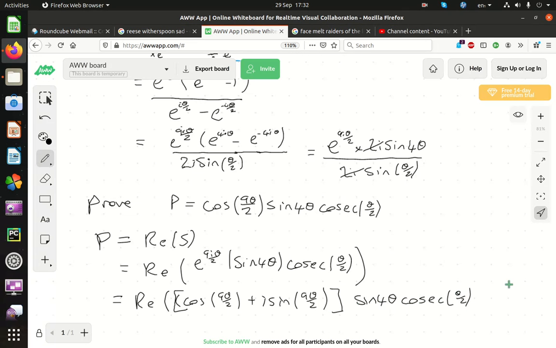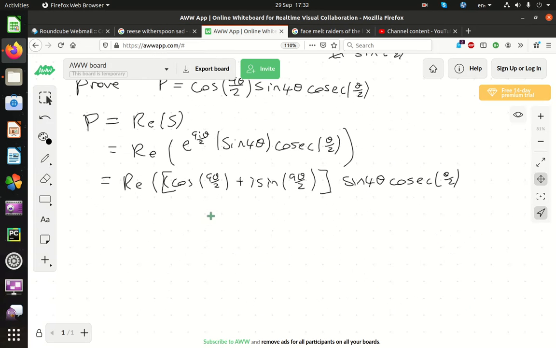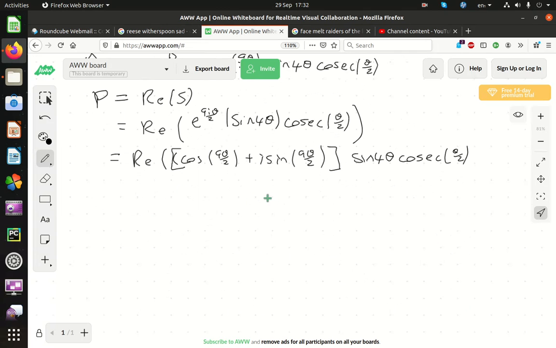Now it's obvious, yeah? I say that hoping that you see it's obvious. The real part of this is going to be not the bit which is times by i sine 9 theta over 2. That's the imaginary part. That's Q. The real part, P, is simply going to be cos 9 theta over 2 multiplied by sine 4 theta cosec theta over 2.